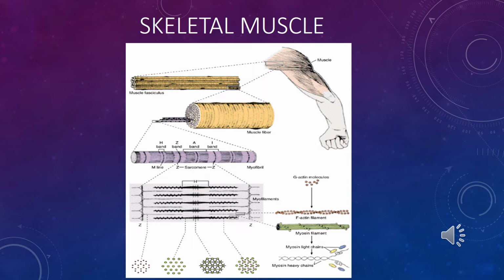The Z line is the central part of the light staining I band, and the H zone is the central part of the dark staining A band. And here are some elements of the actin myofilament and the myosin filament. Please, you can see this picture in the textbook and recognize the elements of myofibrils.